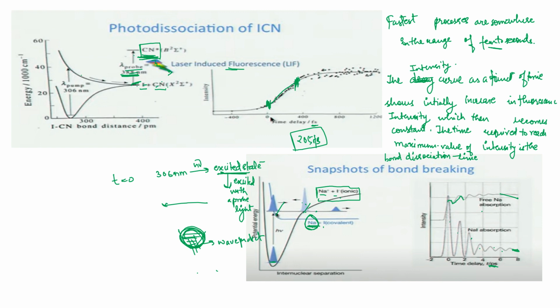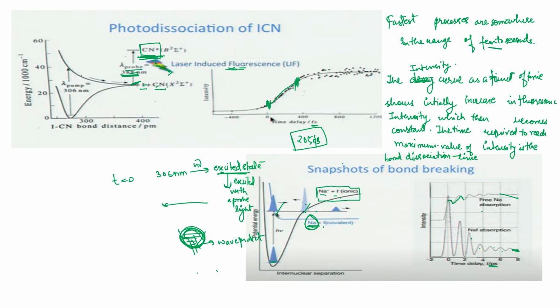The CN then dissociates and reaches a higher energy. Most of the CN, that is the system, reaches a higher energy, where the CN is in the excited state. This CN, when it comes back to the ground state, is responsible for the fluorescence emission.